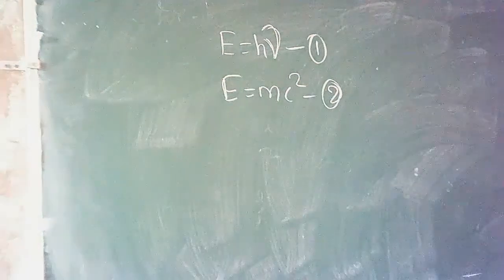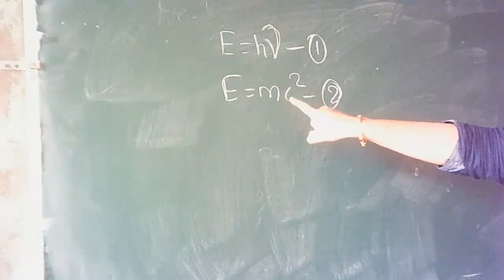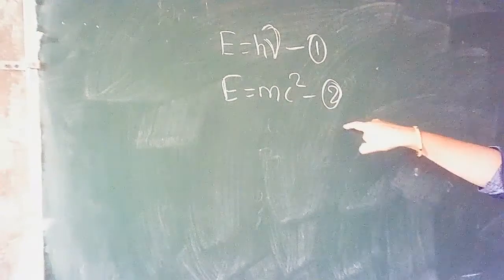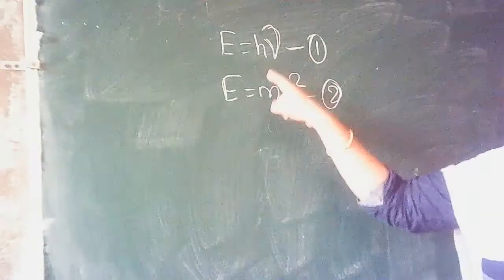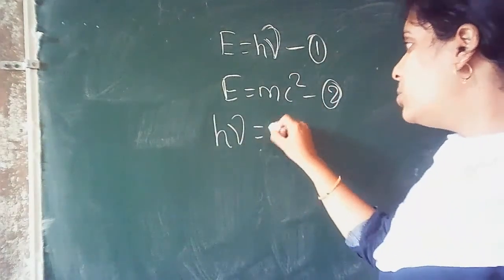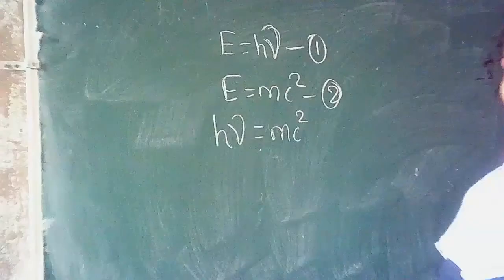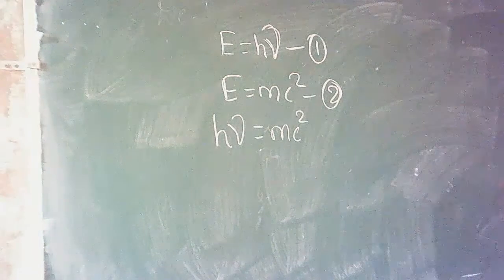Right? According to Planck, it is E is equal to h nu. Einstein, it is E is equal to mc square, right? Now you can equate equation 1 and equation 2. After equating, you will get h nu is equal to mc square.